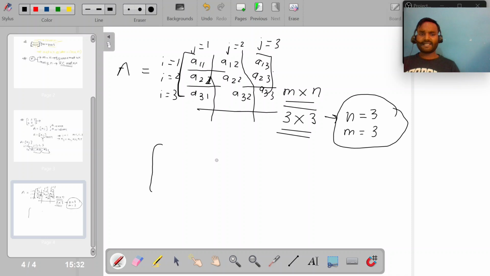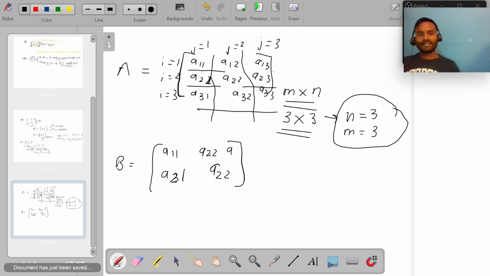Now we can take another matrix, say matrix B, with a11, a12, a13 in the first row and a21, a22, a23 in the second row. Here the number of rows is 2, so m is equal to 2.